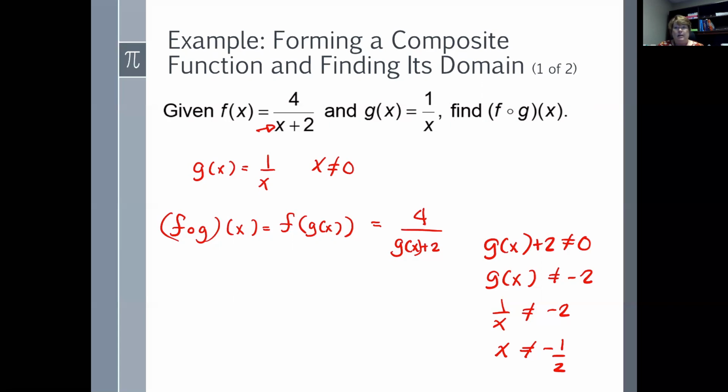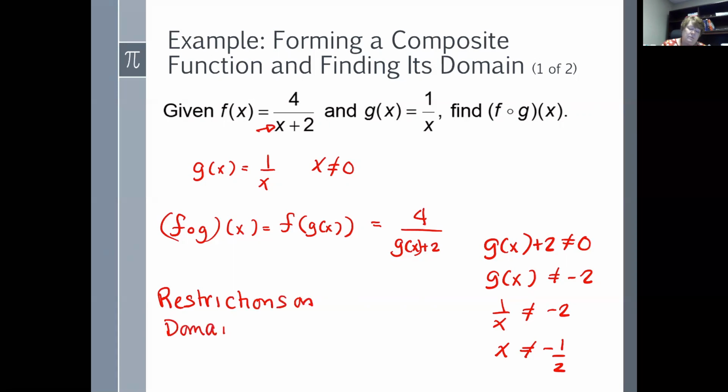So x cannot equal negative 1/2. So here are the two restrictions on my domain for the composite. X cannot equal 0, and x cannot equal negative 1/2. And then we'll write that in interval notation on the next slide.